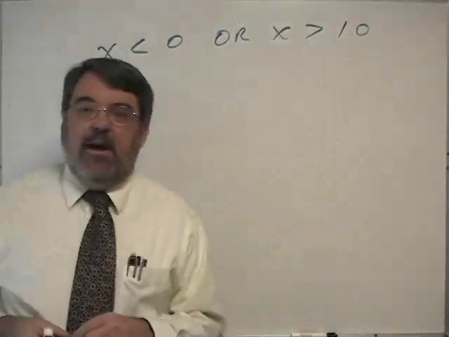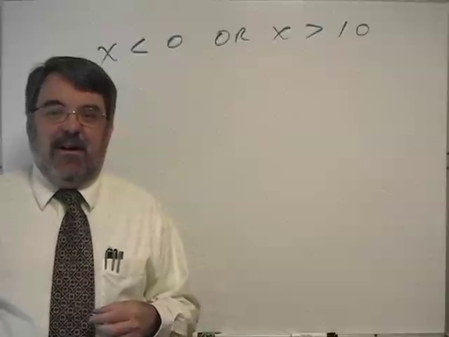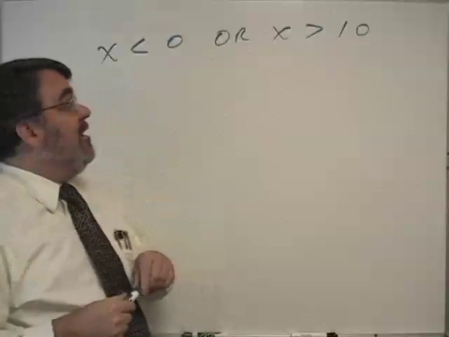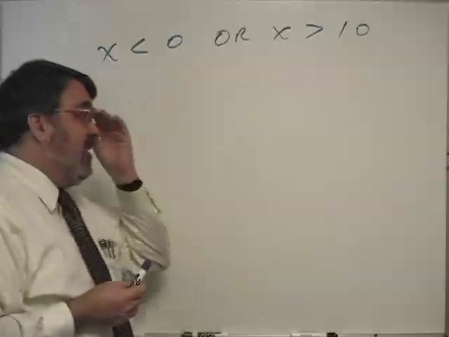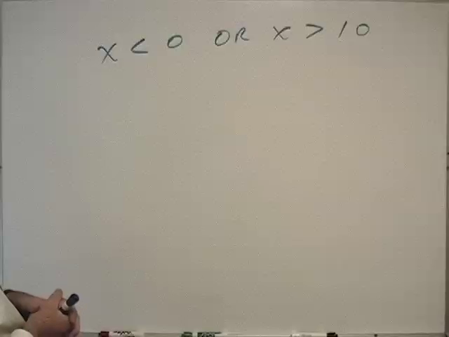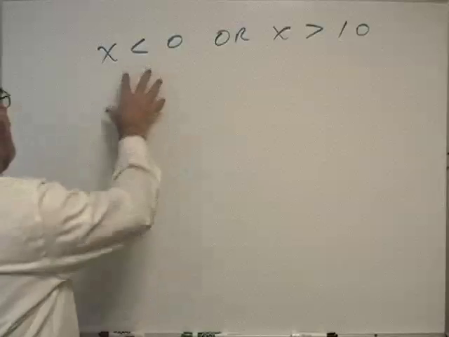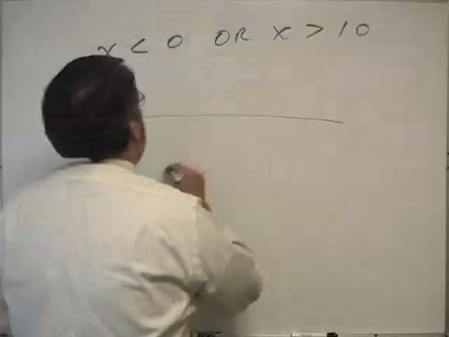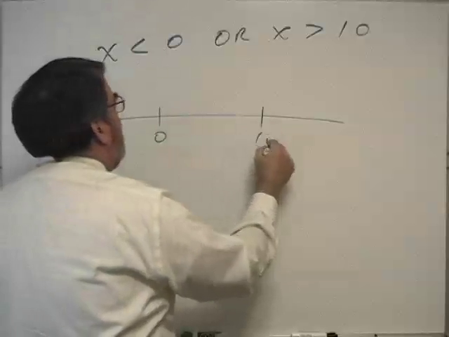I was thinking today I had this type of solution come up in my Calculus 3 class I was teaching. I believe this was the solution we came up with to a problem we worked. So let's see what this means. x is less than 0. Well, let's put 0 here and 10 there.